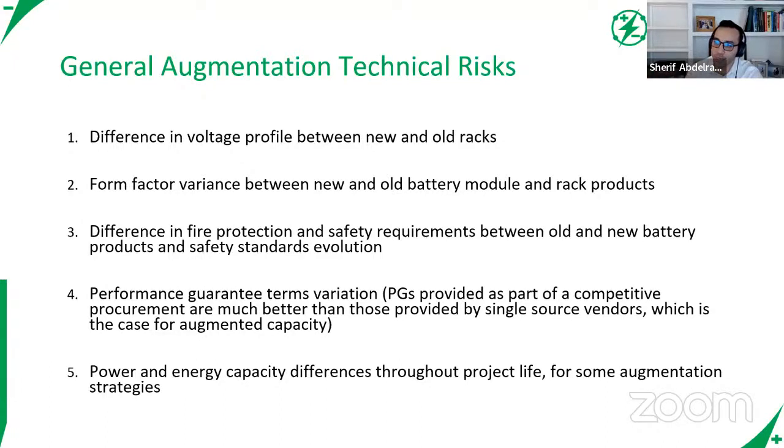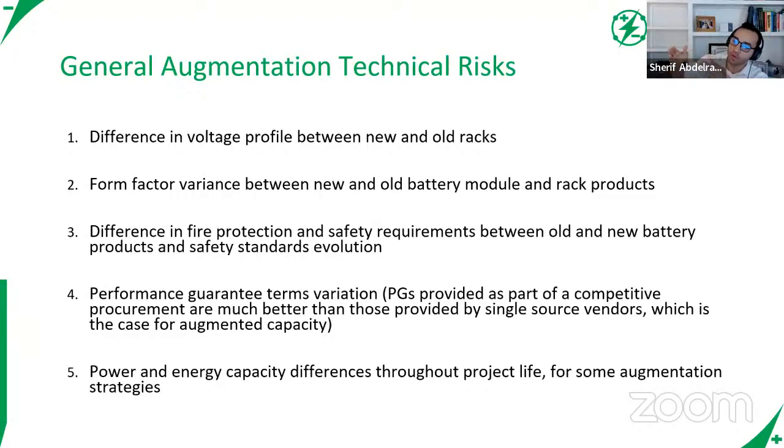One thing I'd like all the attendees to be aware of is that battery cell voltage will change throughout the state of charge range. There's a maximum voltage at maximum state of charge and a minimum voltage at minimum state of charge. That voltage profile will change with time as the batteries degrade.